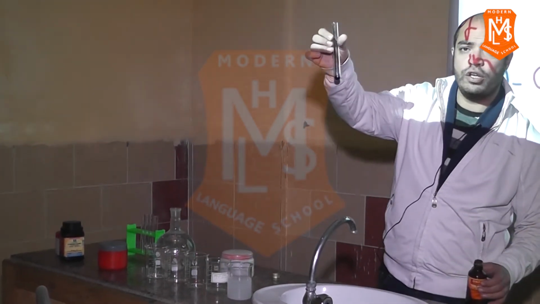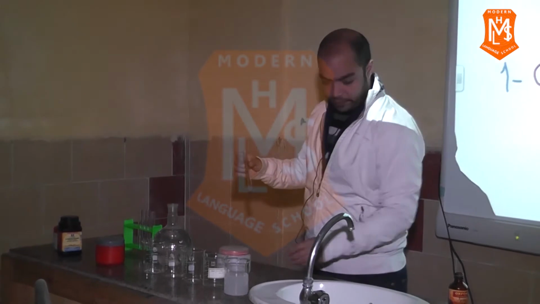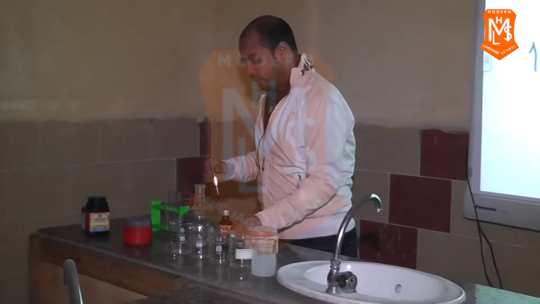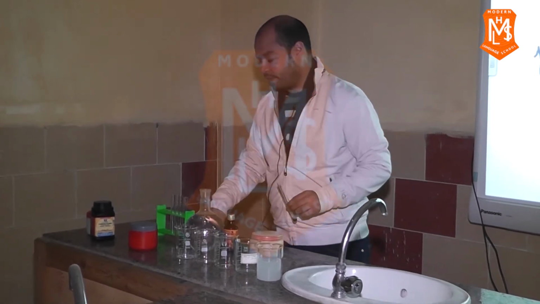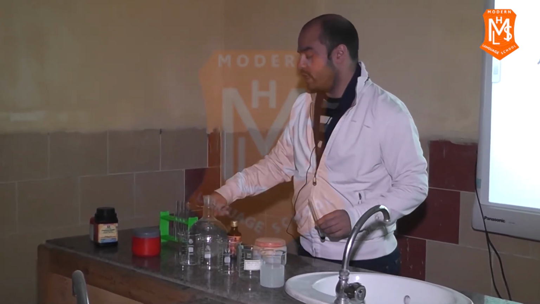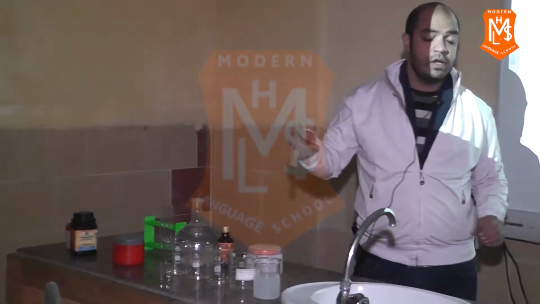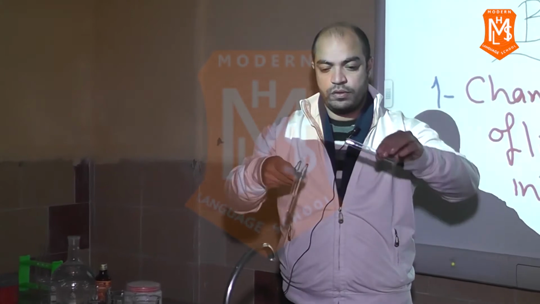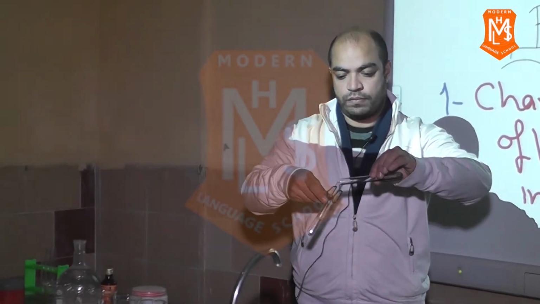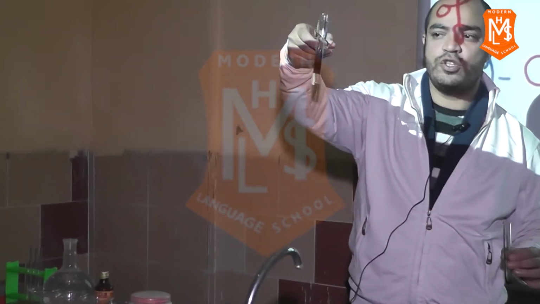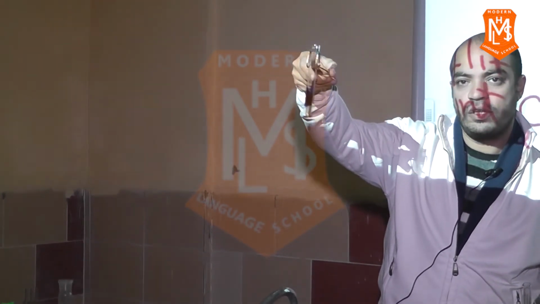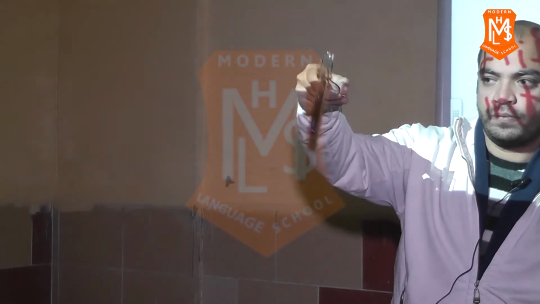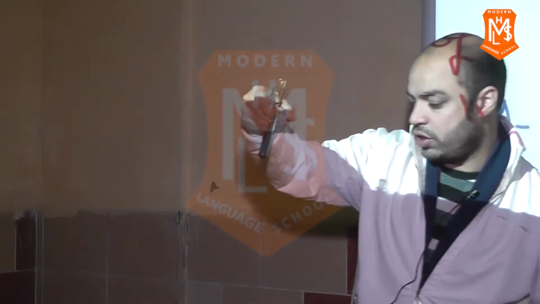Now, as we see, the base changes the color of litmus solution into blue. The color of litmus solution completely changes into blue.